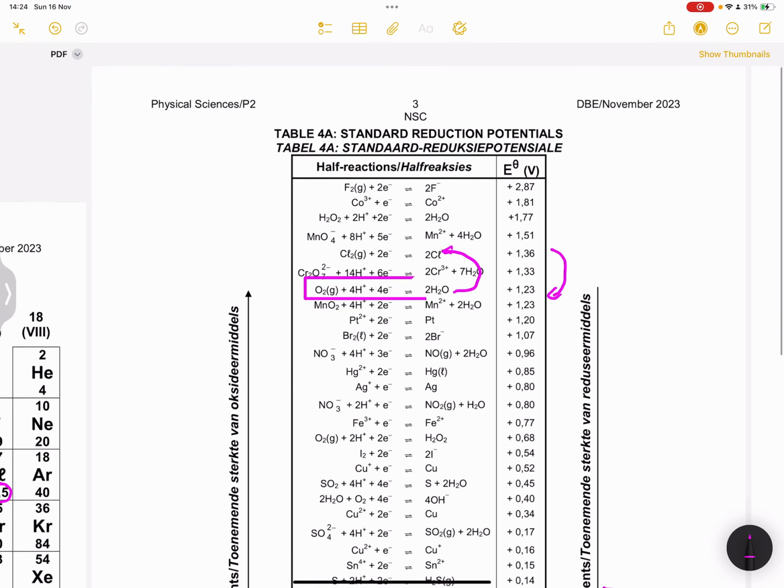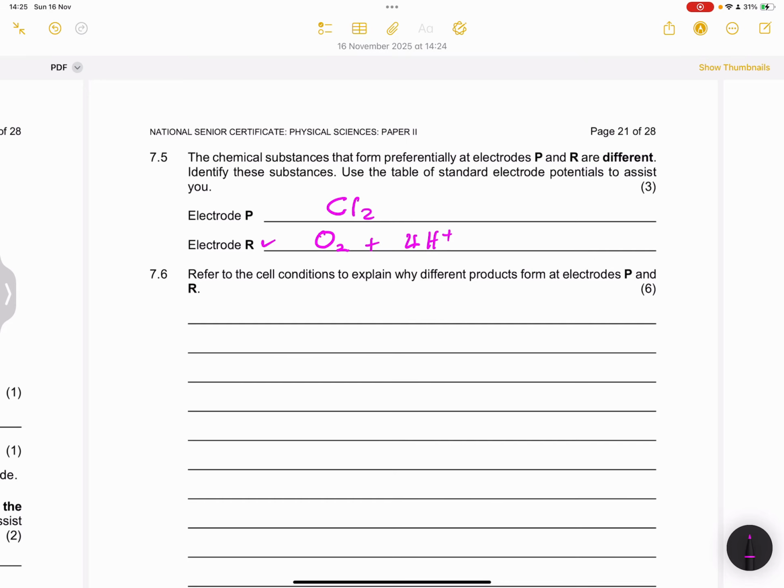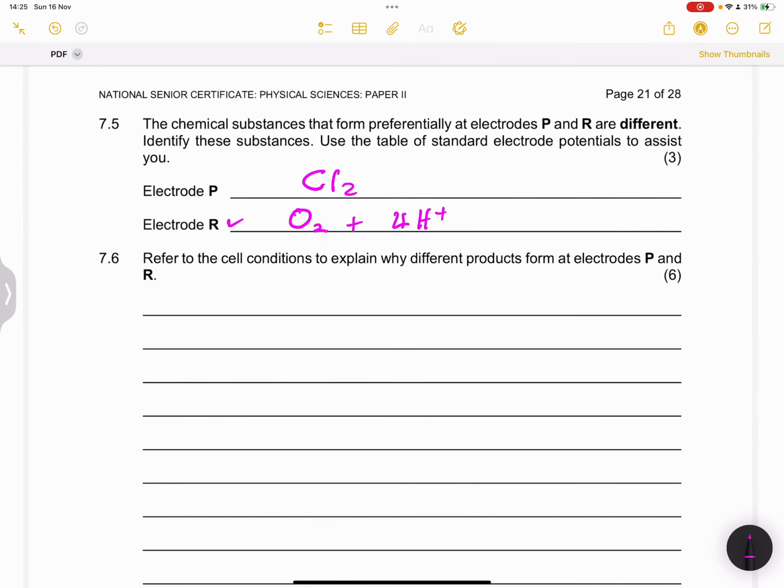So let's explain that part. Remember, the stronger it is as an oxidizing agent, the more it prefers to undergo reduction. But the stronger it is as a reducing agent, the more it prefers to undergo oxidation, right?